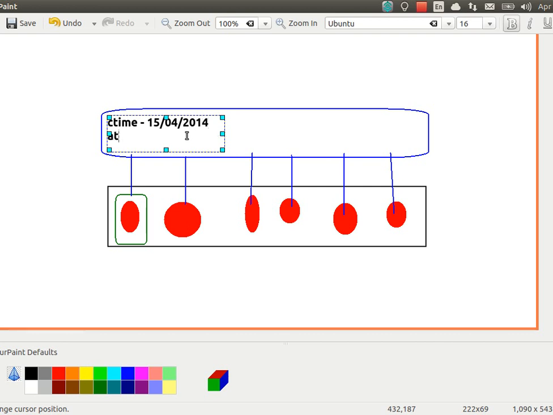And the access time, we call it atime, will also be the same, 042014, and then mtime, the modified time, when the file was modified. So for every file it needs to maintain a separate file system metadata. Let's suppose I created this file, so all the entries related to this file have been stored in the file system metadata.